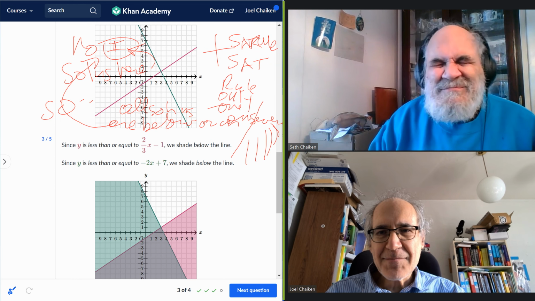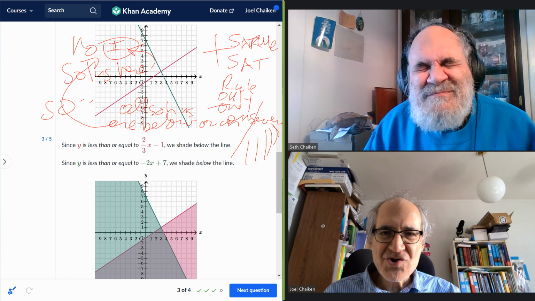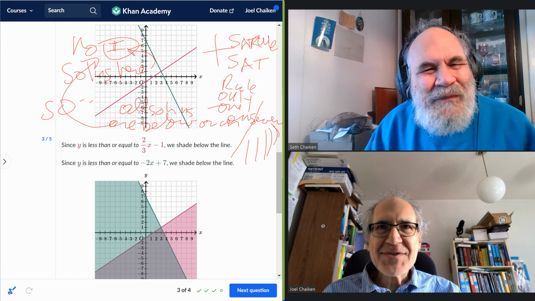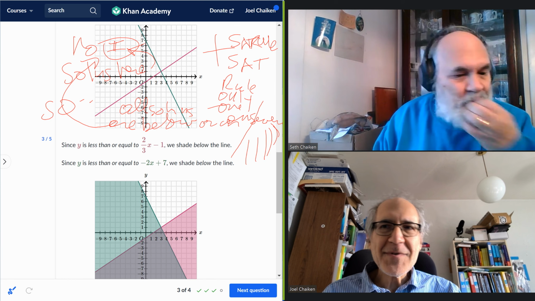So that was the implication at the beginning. Is there a clever way to do this problem? Yeah. But you'd have to think about it a little bit, and it may be faster just to do it.